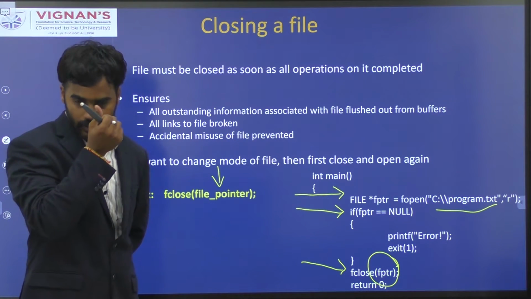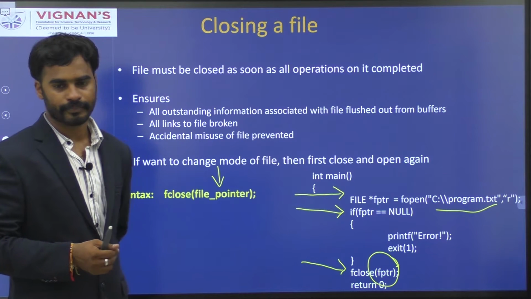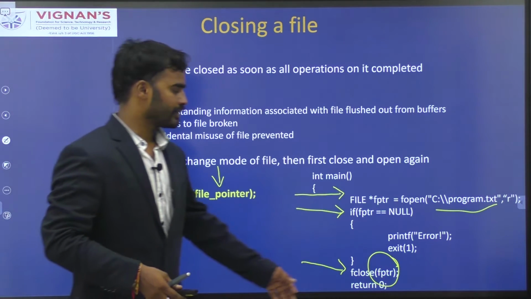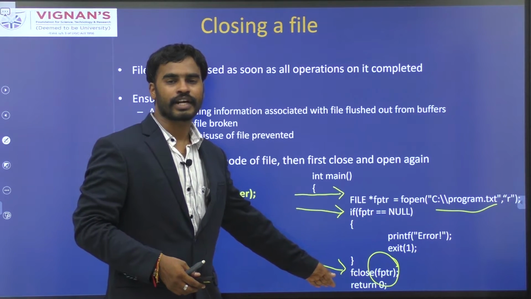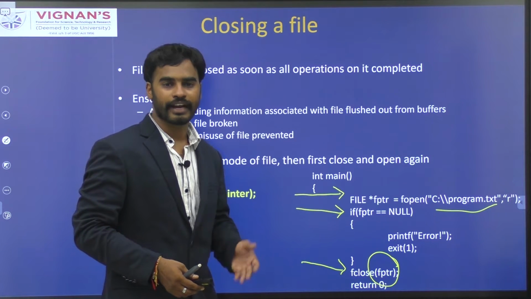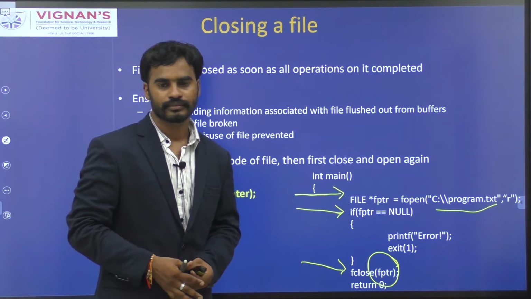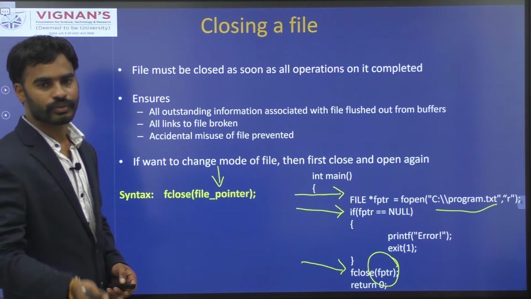Okay, so this is the way you are supposed to close a file. Just call the fclose function by passing the file pointer as a parameter, to which you would like to close.